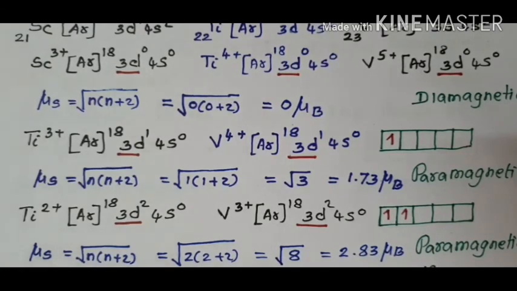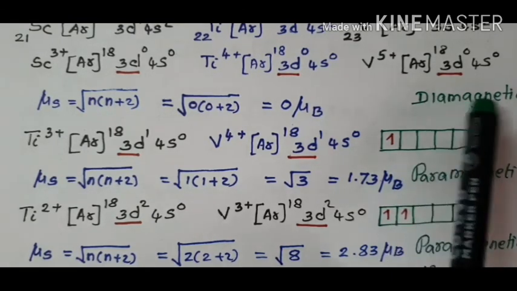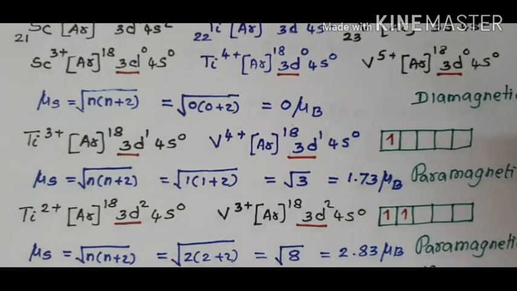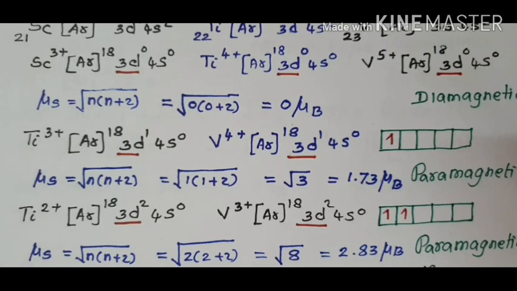So generally, paramagnetic substances are attracted by the magnetic field, diamagnetic substances are repelled by the magnetic field. Most of the d block element metal ions have unpaired electrons, therefore most of the d block element metal ions are paramagnetic in nature.